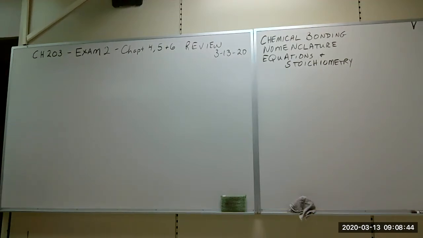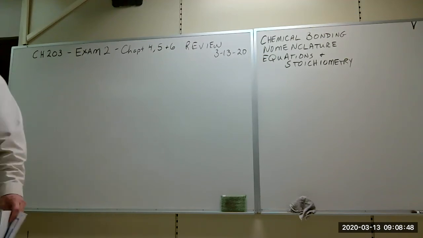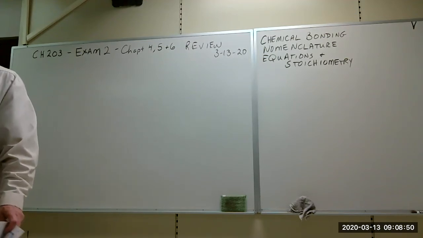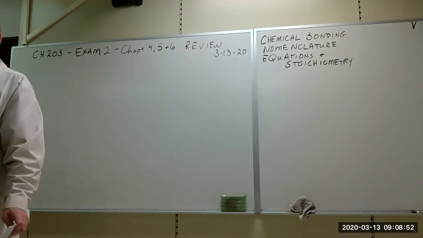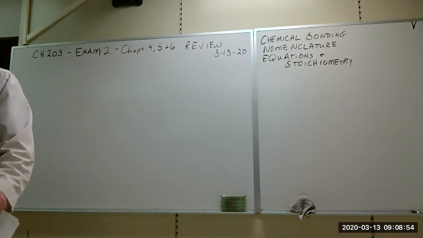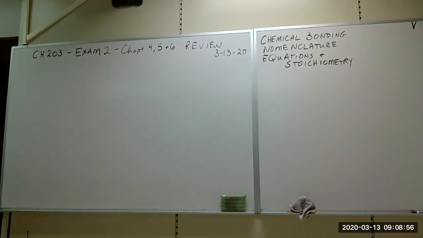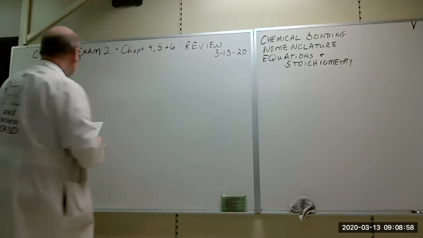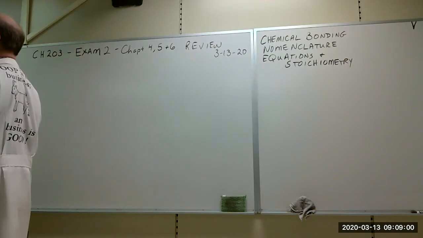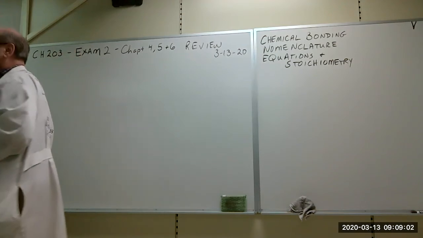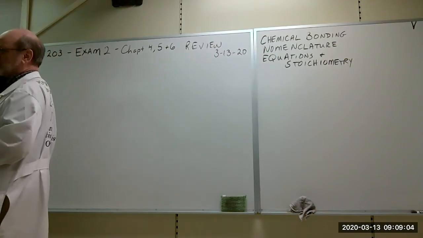So we need two things. We need rules and we need the periodic table to tell us about charges. Okay, so let's look at the periodic table for a second.